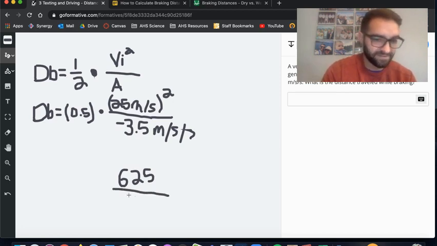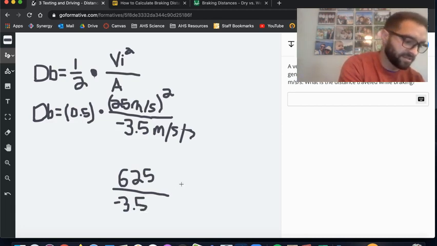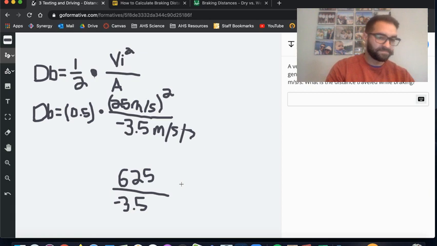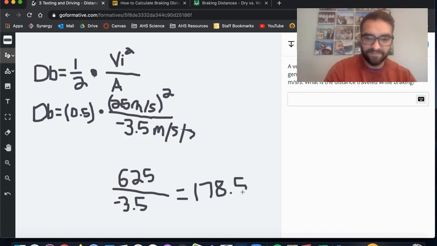Sorry my lines are crooked, but then that's going to be divided by negative 3.5. And that got me an answer of 178.5. Now I can take this answer and multiply it by half, or 0.5.